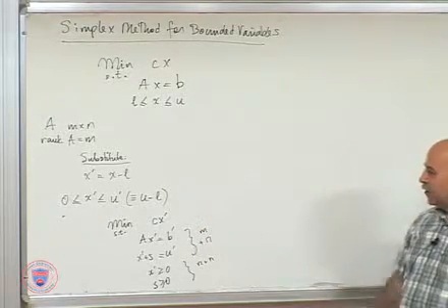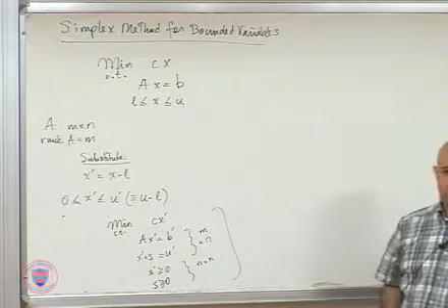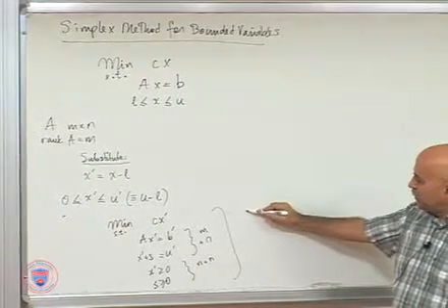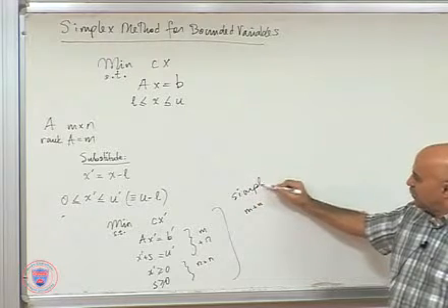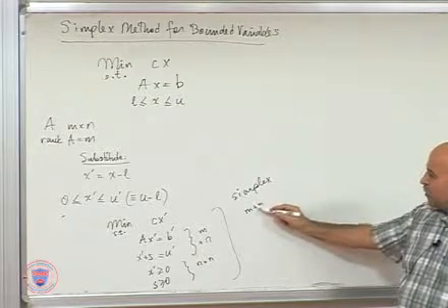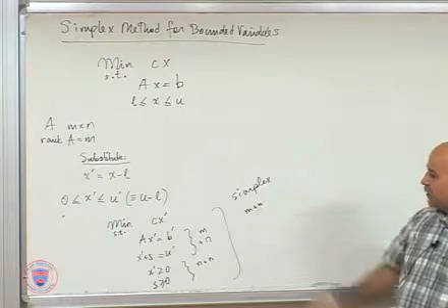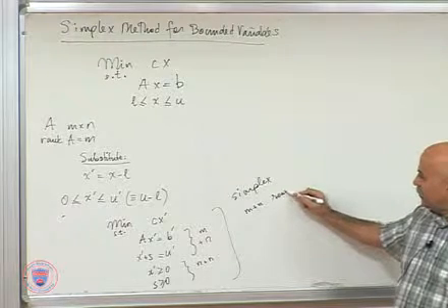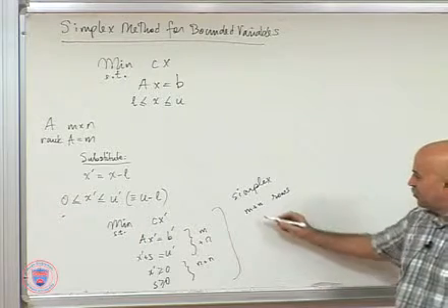Okay? And of course, your simplex tableaus, if you work with the regular simplex method rather than the revised method, will have m plus n, so simplex implementation basis matrices will be m plus n by m plus n. So it will have m plus n rows plus the row 0, the additional row.